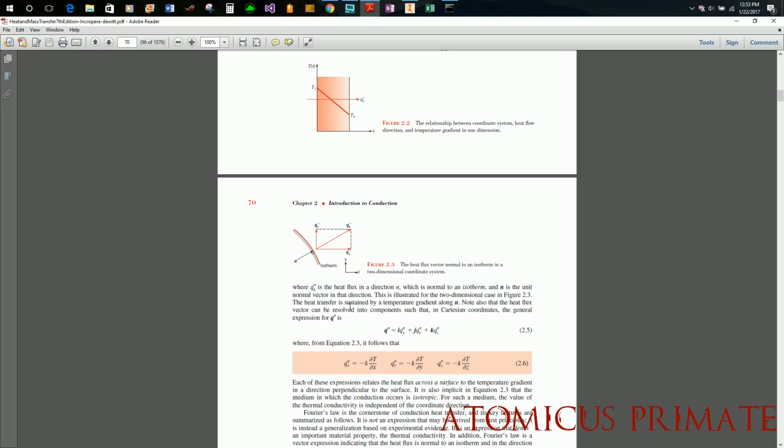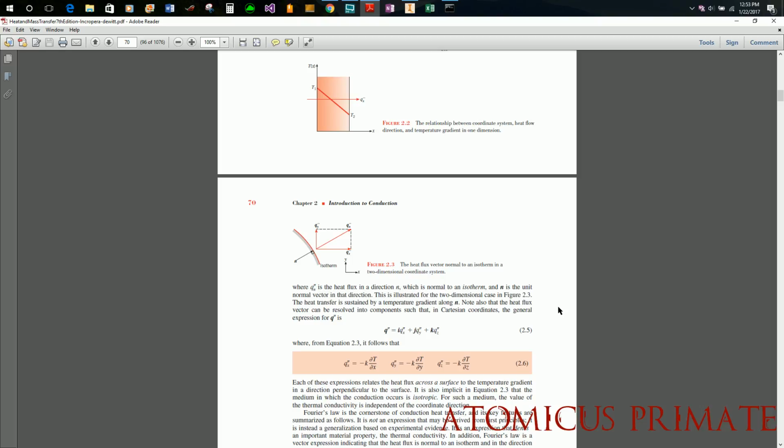Continuing reading, where Q double prime sub n is the heat flux in a direction n, which is normal to an isotherm, a place where the temperature is constant, and bold n is the unit normal vector in that direction. This is illustrated for the two-dimensional case in Figure 2.3.